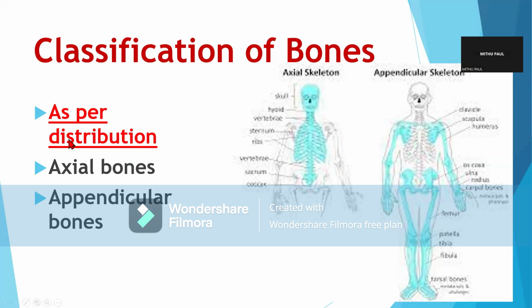One of which has already been mentioned is the axial skeleton, highlighted in blue, the skeleton lying along the axis of the body, and you know the names. These are the appendicular skeleton, highlighted again in blue, lying on the extremities.